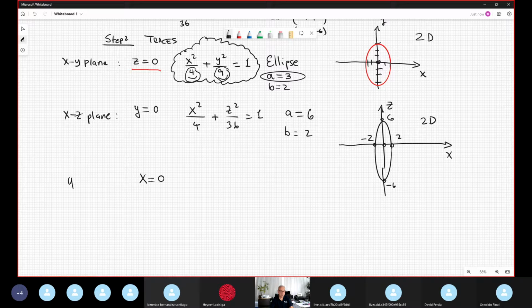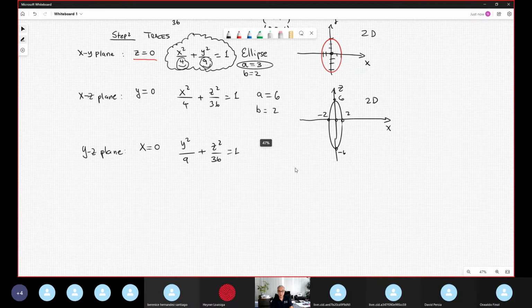Okay, now finally x equals 0. X equals 0 is the yz plane. Entonces, in this case, the equation is y squared over 9, sorry, plus z squared over 36 equals 1. Wow, we have another ellipse, and this is expected because our surface is an ellipsoid, no?